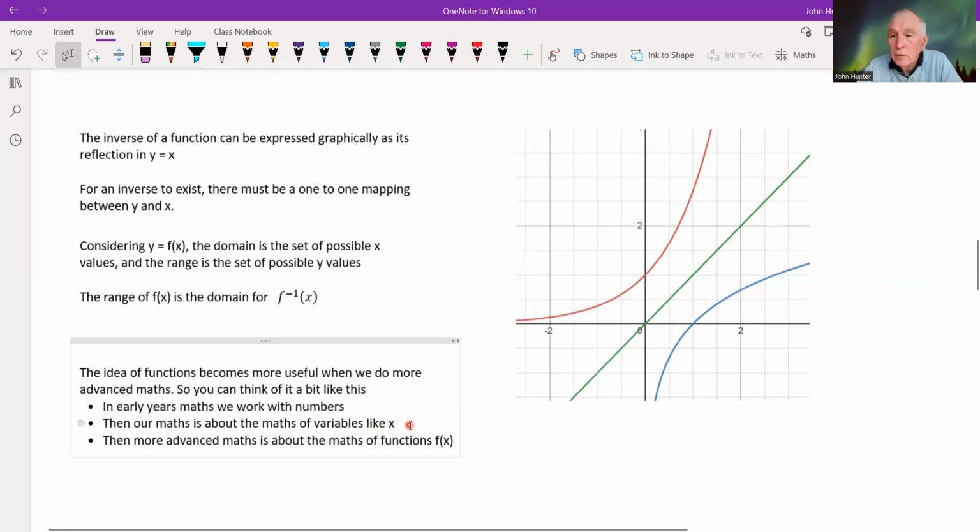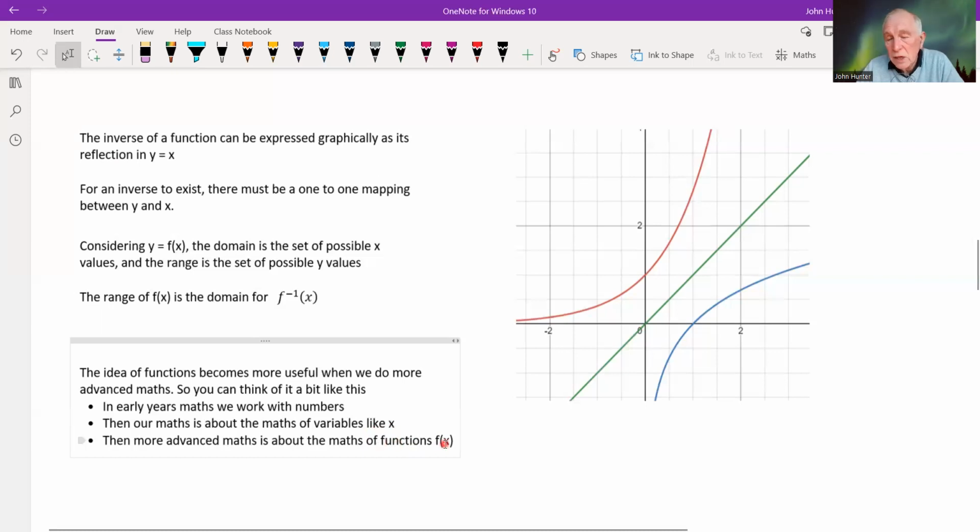And then as we progress, what we're interested in is how functions perform. And so we have lots of rules and equations that govern how functions perform, regardless of what the function is. So this is something to watch out for as we progress.